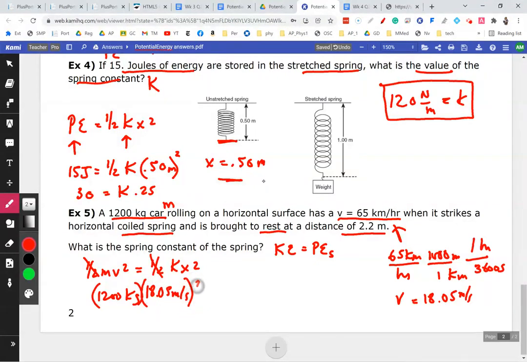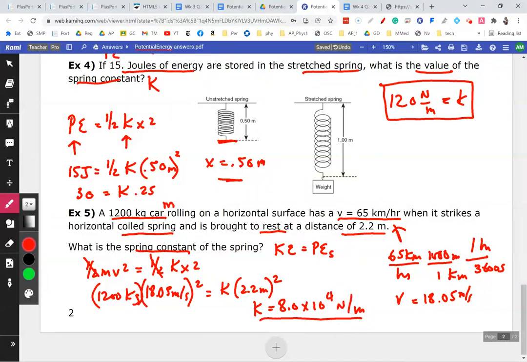All of that is squared, equals k. What is the spring constant? K times x squared. Now what's the x? It's stretched 2.2 meters, squared. And the k turns out to be, with two significant digits, 8.0 times 10 to the fourth newtons per meter.